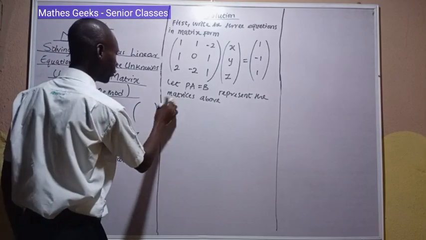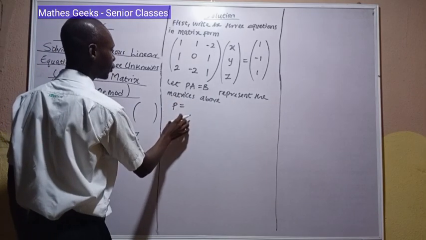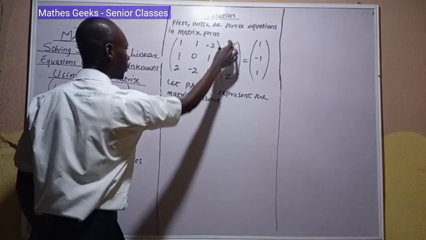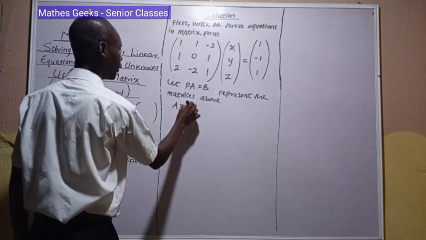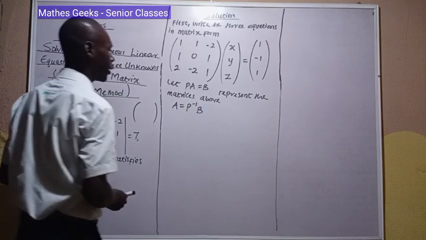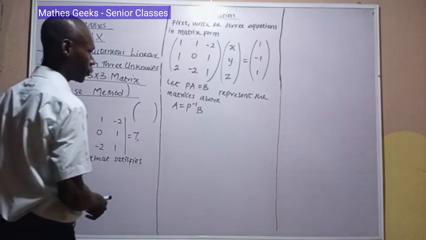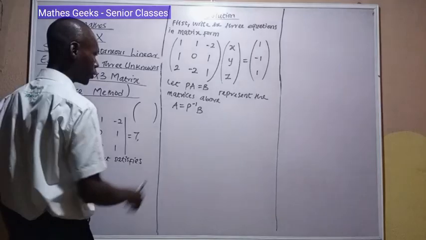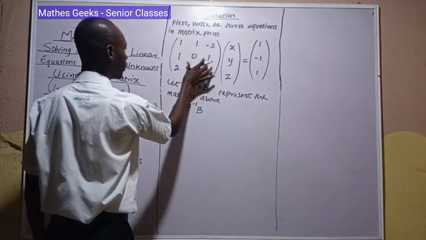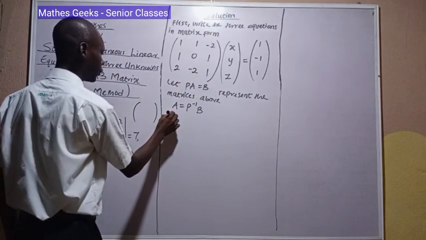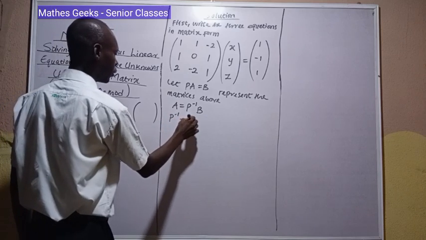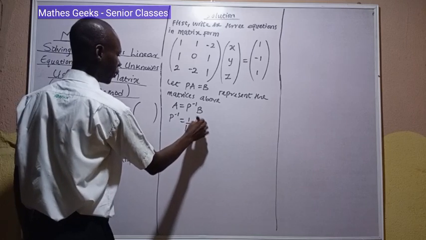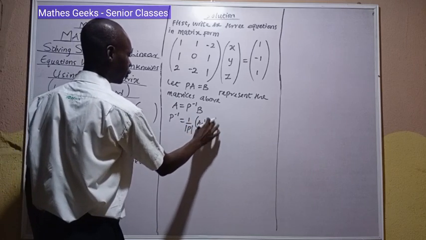So remember that E, the matrix of the unknowns, is equal to P inverse multiplied by B. So our work, first of all, is to look for P inverse. P inverse equals 1 over the determinant of P times the adjoint of matrix P.